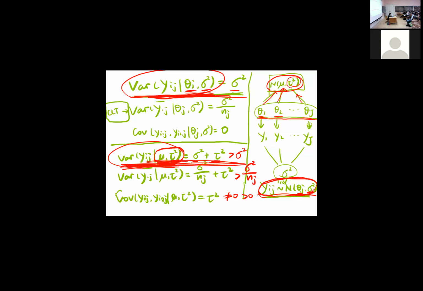But the big difference between these two is whether you're only conditioning on the group mean, or you go one step lower in the hierarchy, where you're not conditioning on the mean, but on the mean and variance of the distribution of the mean. So you have one more layer over there, but you're right. To do everything entirely correctly, you will need to have sigma square.